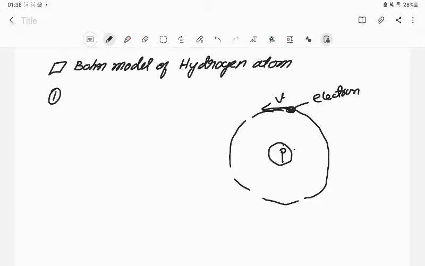So this motion of electron around the nucleus is provided by a centripetal force. Let's say this distance is r.